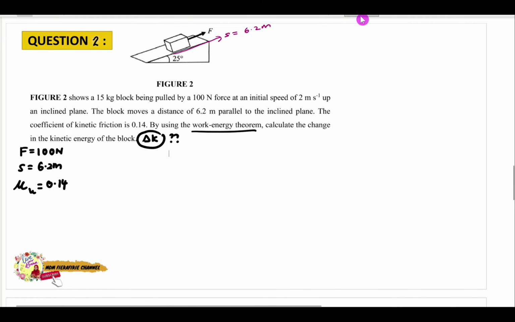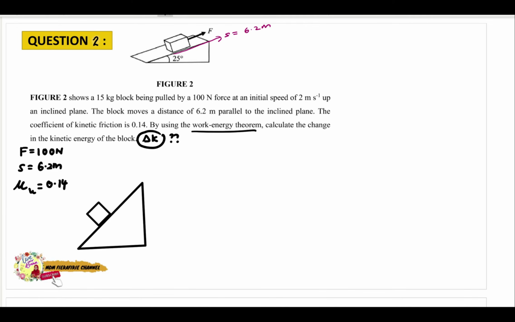Okay, so now let's draw the free body diagram of the object on the inclined plane. So I think let's try to draw the inclined plane first. Okay, boleh lah macam tu. And then we have an object which is moving in this direction, for example.